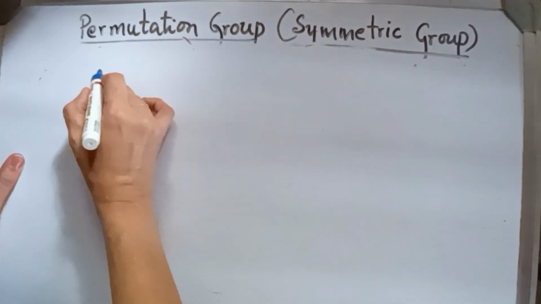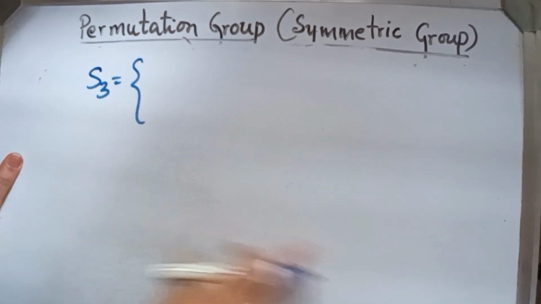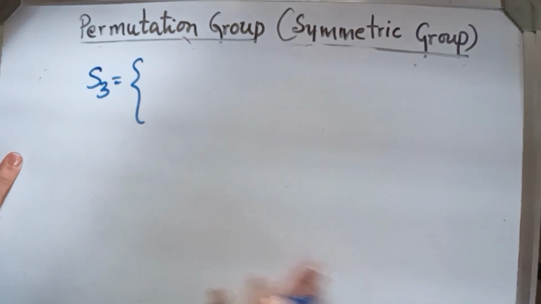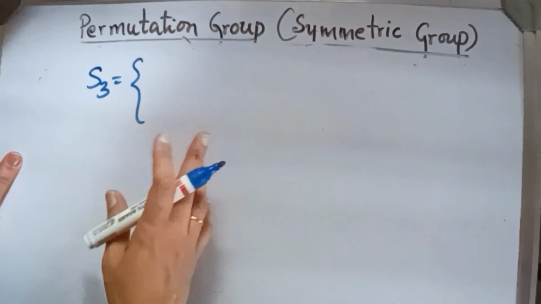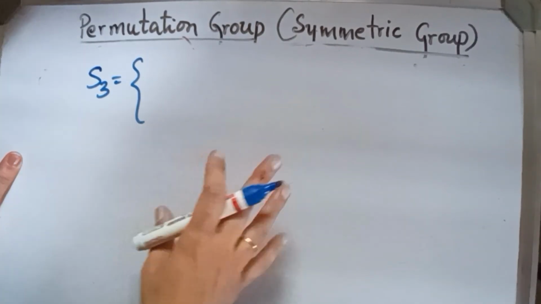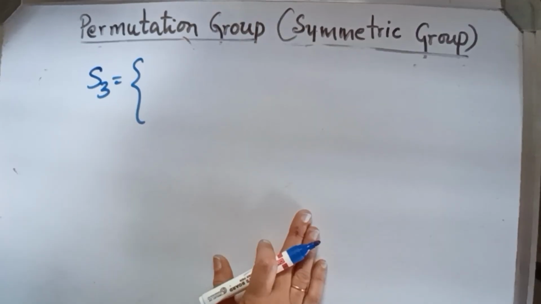Now we will concentrate from S3, S4 and the remaining symmetric groups, because S1, S2 are simple, abelian as well as cyclic. S3, S4, all these are non-abelian, non-cyclic.